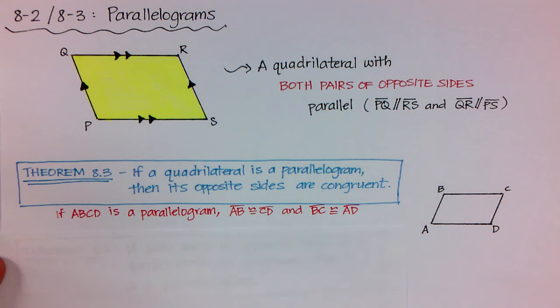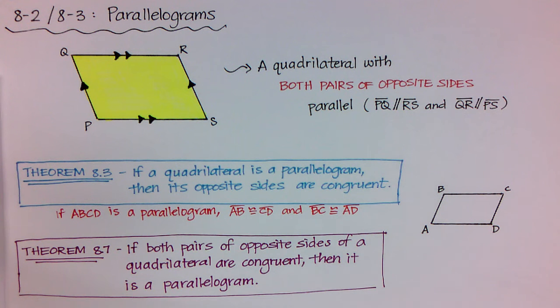Well, you can also say the opposite, which is what Theorem 8.7 says. It says that if both pairs of opposite sides of a quadrilateral are congruent, then it is a parallelogram. I'm getting tongue twisted.